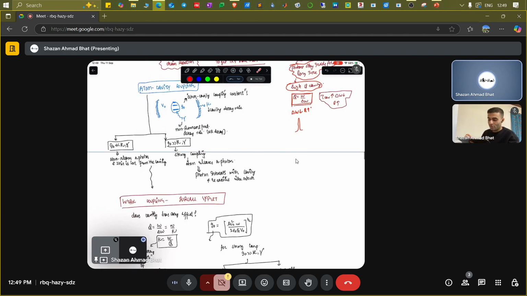So now there are two scenarios. If this g0, the atom-cavity coupling, that means the coupling of the photons with that of the two-level system, is much less than kappa and gamma, then the atom releases a photon and this is lost from the cavity. So this is the first scenario. Whatever photon is released by the atom gets lost from the cavity, because these factors are huge.